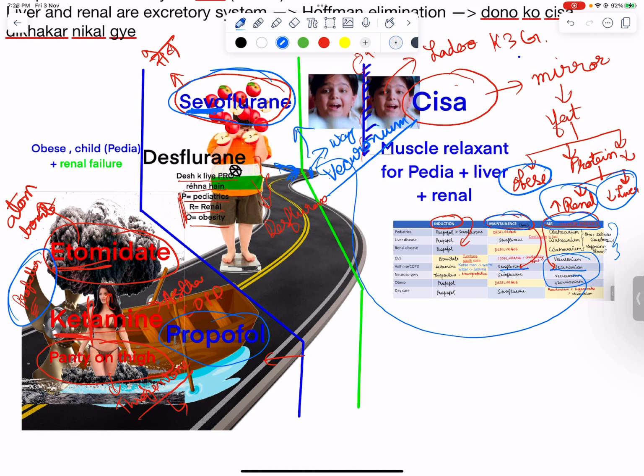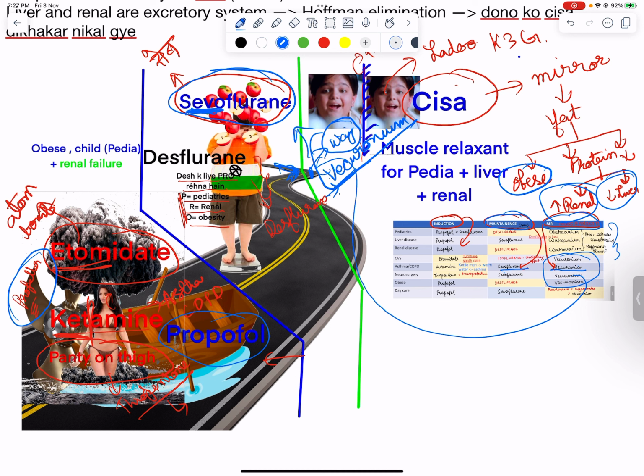For maintenance we will use sevoflurane as shown by the falling apple, and for muscle relaxant we will use vecuronium as shown by the road, that is a way that is going into infinity. So here is a way going into distant farther space, and therefore from the way we can remember that it is vecuronium.